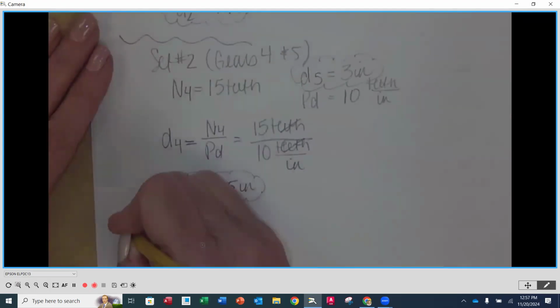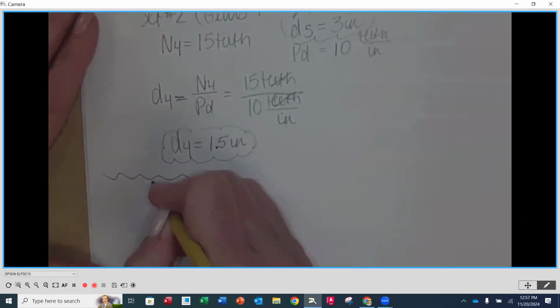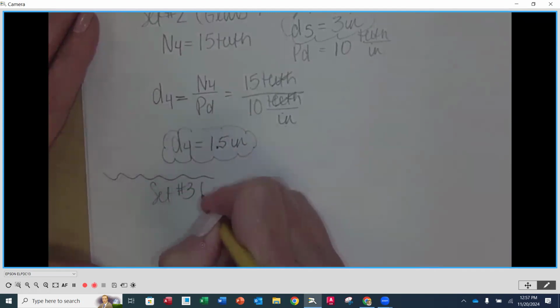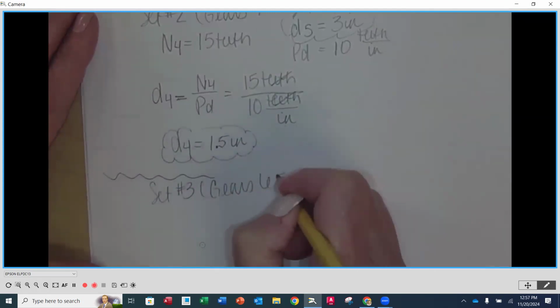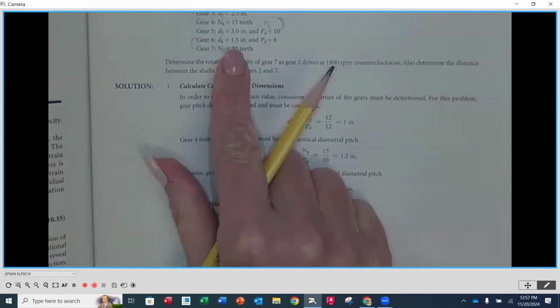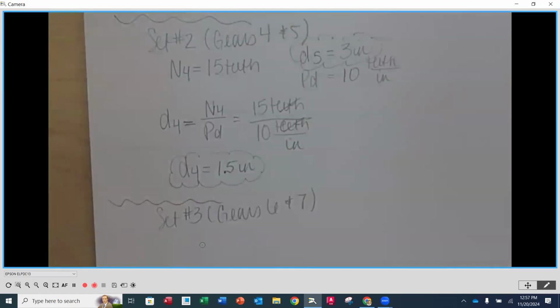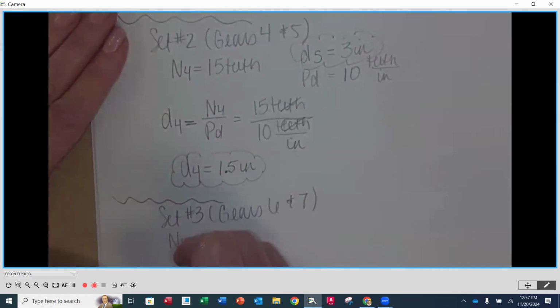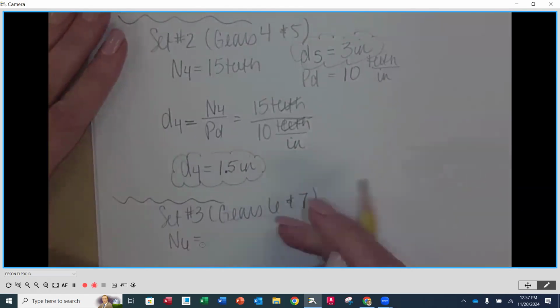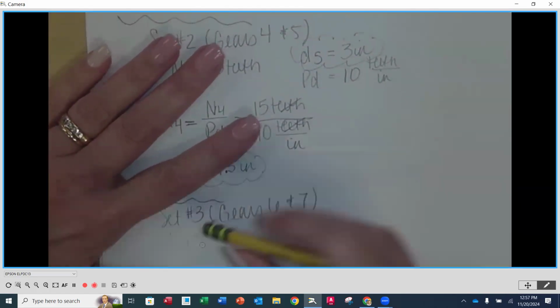I have one more set to do, set number 3. This is going to be gears 6 and 7. So what do we know about gears 6 and 7? We know the pitch diameter of 6. We know the diametral pitch of 8. And then we also know the number of teeth for 7. Go ahead and find the pitch diameter for number 7, D7. I want you to calculate that.